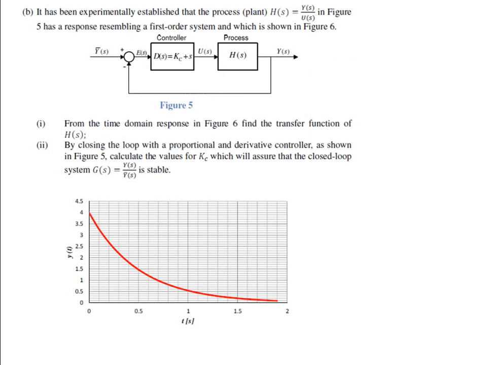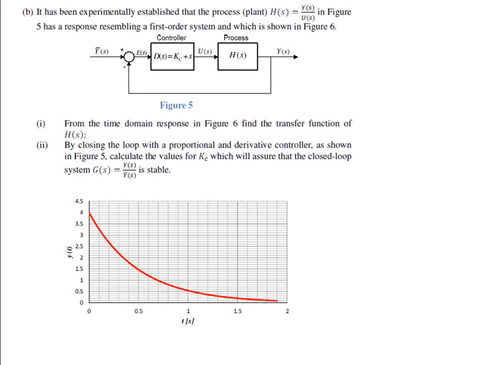less than 1. For part B of the fourth question, a closed loop unity negative feedback system is given, and we have a proportional derivative controller.